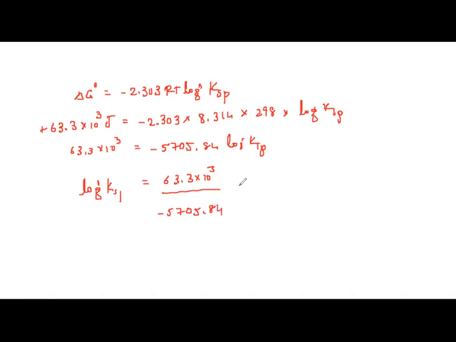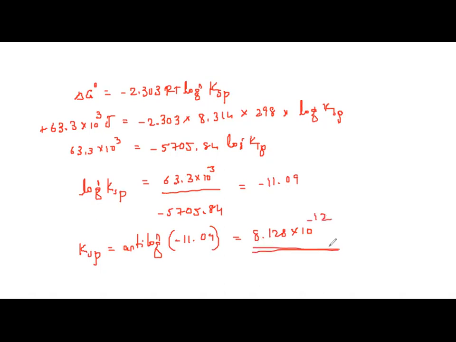Solve it out, you will get the answer minus 11.09. So log of KSP is minus 11.09. What will be KSP? When you take logarithm on the other side, it becomes anti-log of minus 11.09, and anti-log of minus 11.09 comes out to 8.128 into 10 raised to minus 12.